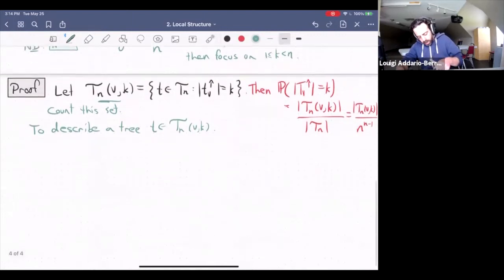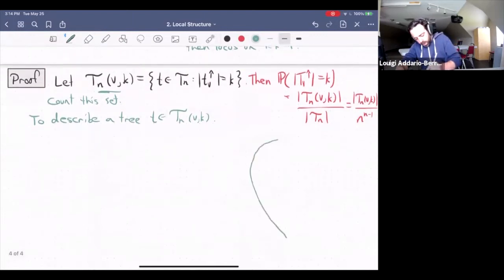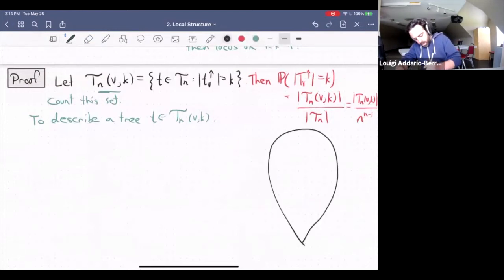I'm going to think about splitting the tree into two parts. So here's the whole big tree. There's one part which is this part T_v up arrow, the subtree rooted at v, and then there's the rest of the tree over here, which let me call T minus T_v up arrow. Okay, that's all of the rest of the tree.